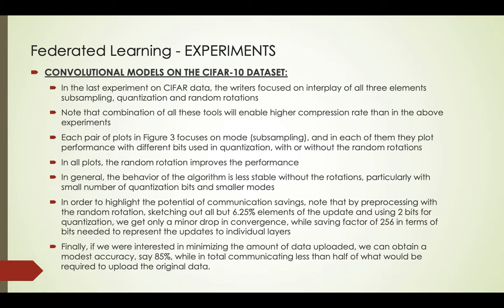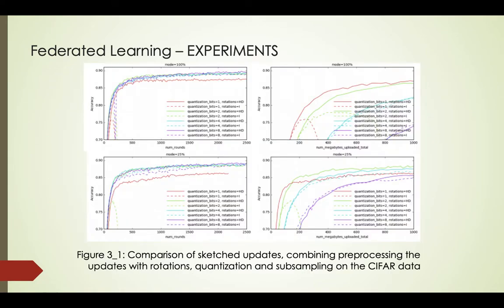Finally, if we were interested in minimizing the amount of data uploaded, we can obtain a modest accuracy, say 85%, while in total communicating less than half of what we would be required to upload the original data. This is Figure 3. It's a comparison of sketched updates, combining pre-processing the updates with the rotations, quantization, and subsampling on the CIFAR data.